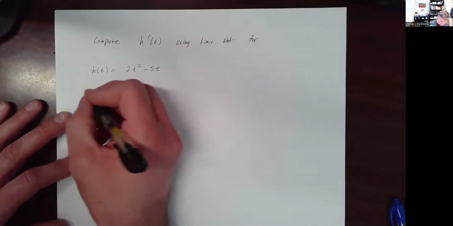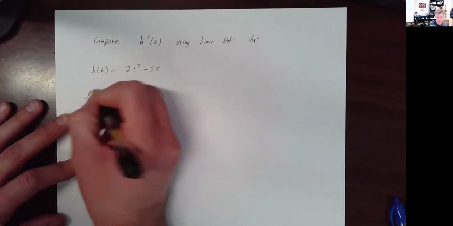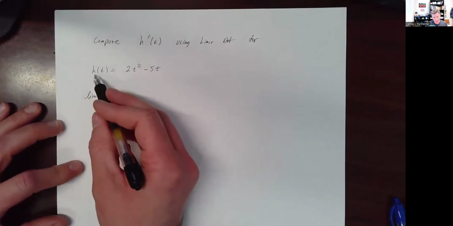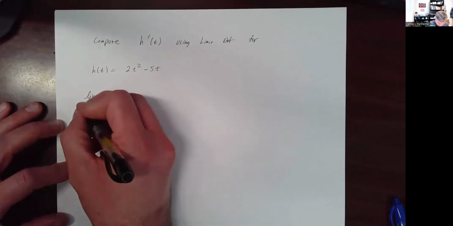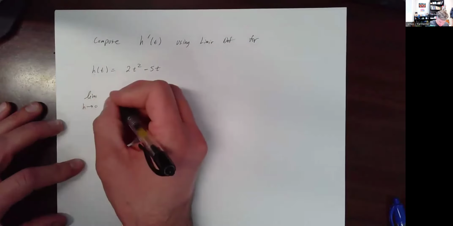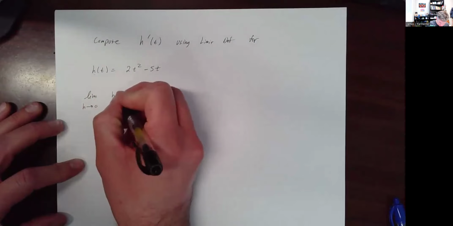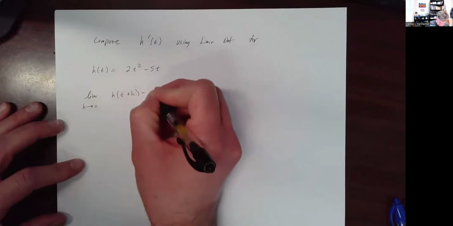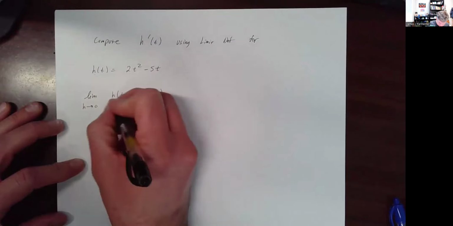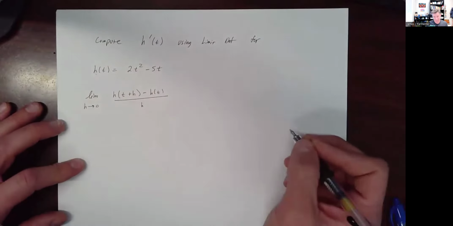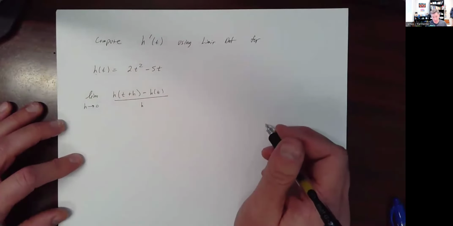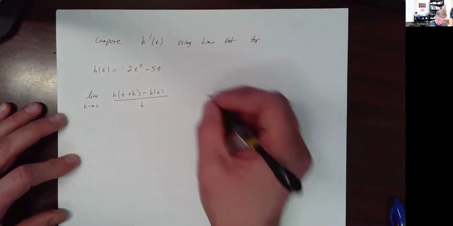So first things first, we take the limit, and this is where I don't love the choice of h as a function in here, because usually we do the limit as h approaches 0 of h of the variable plus h minus h of t, all over h. Not perfect. I guess we could use delta t if you prefer.